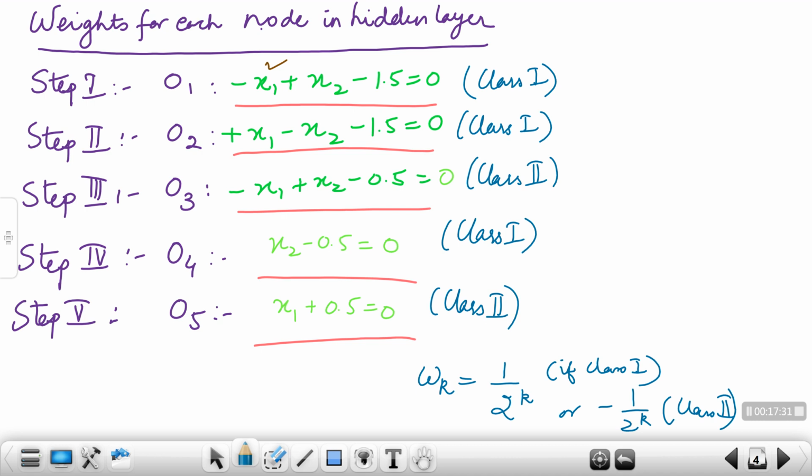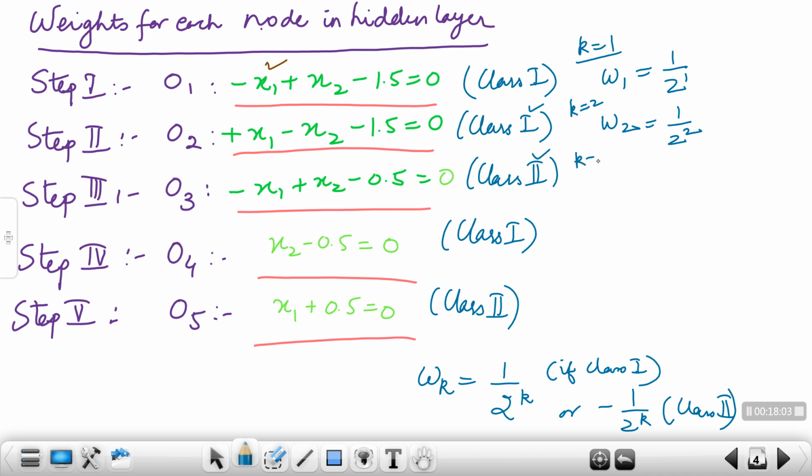In the first step, k is equal to 1. So what is the weight? W1, the weight of the first hidden node, is 1 upon 2 raised to 1, because it classified class 1. W2, here k is equal to 2, the second node, so it will be 1 upon 2 raised to 2, again with a positive sign because it again classifies class 1.